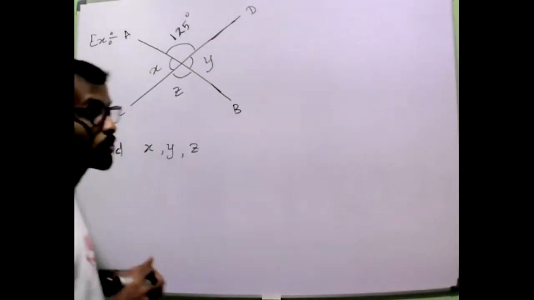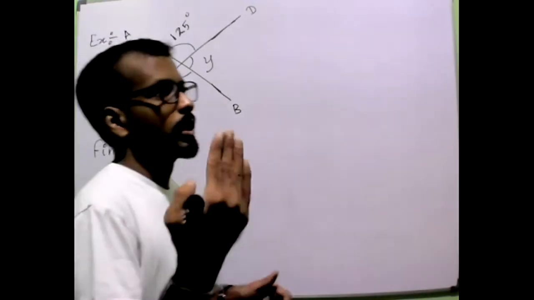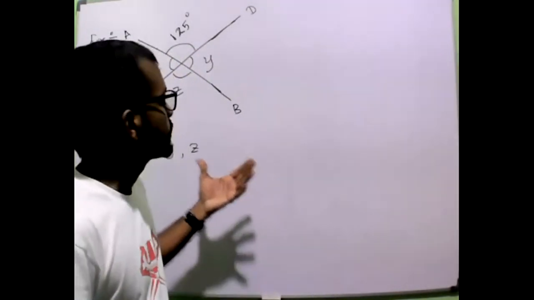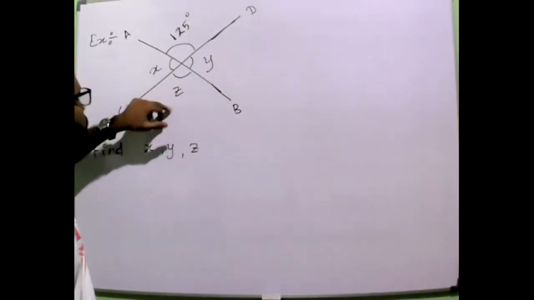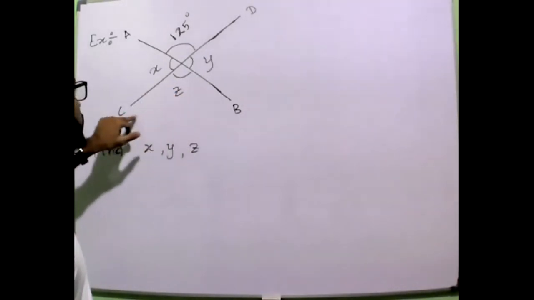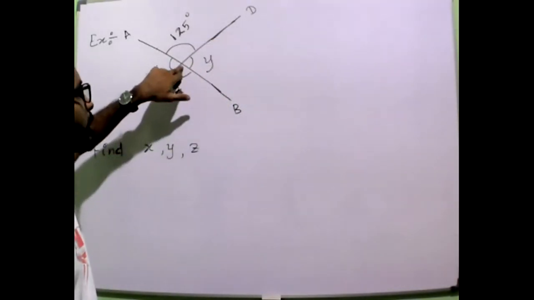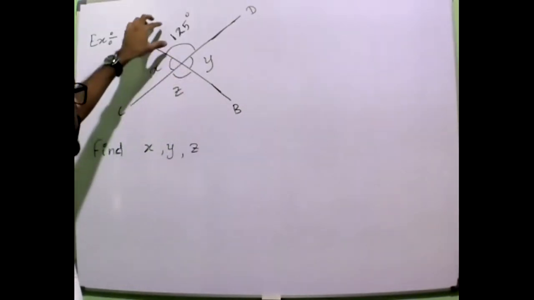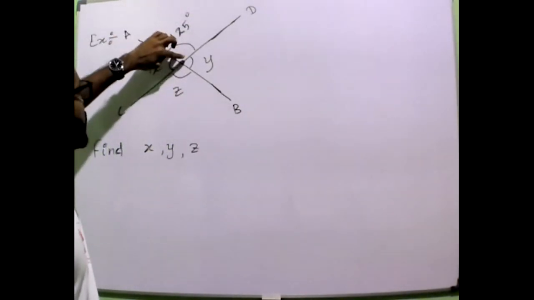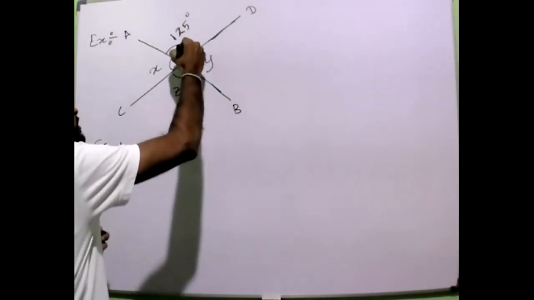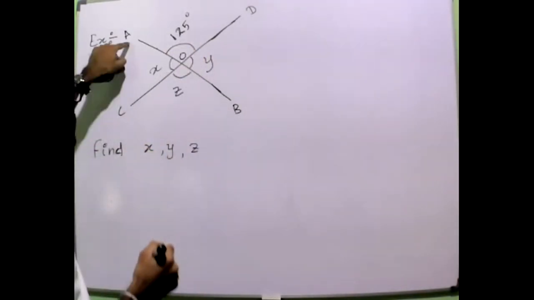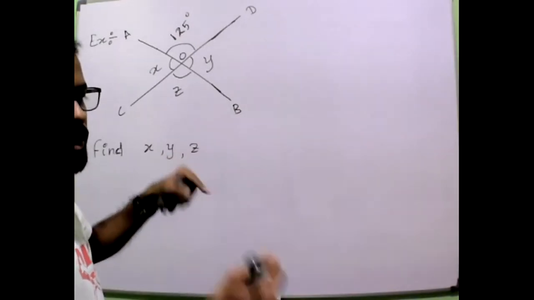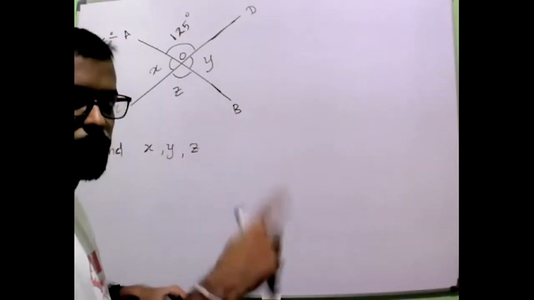So basically, previously you got the knowledge about what vertically opposite angles are, right? By looking at this figure, AB is a straight line, CD is a straight line, and they intersect at this point, right? Then I will say this is O. Angle AOD and angle COB are vertically opposite angles according to the previous thing.